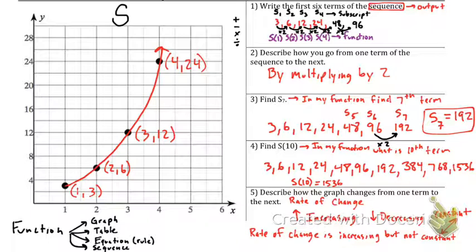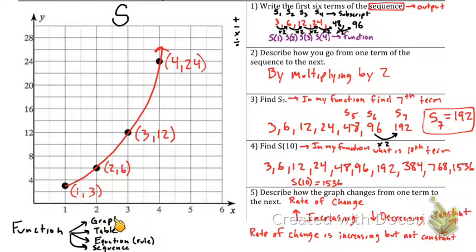All right, so again, we'll get comfortable with describing this, because that's what Im3 is about, is describing graphs and functions and sequences and all that good stuff. What I want to summarize is this. Understand that a function can come in many different ways, many different versions, but they're all still a function.